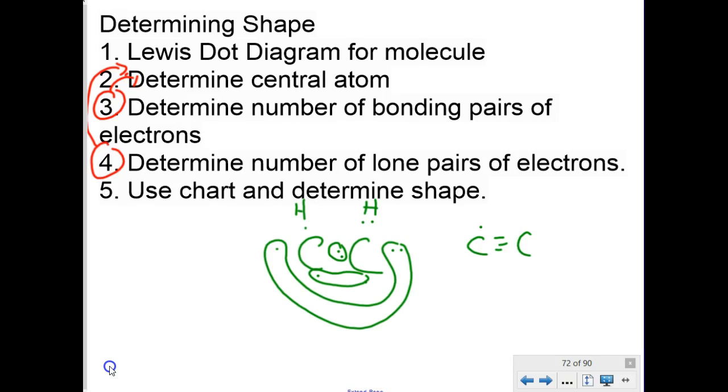So it can't be 90 degrees. That's not the farthest way you can push it. Go out to the side. And same thing with this connection between this C and H. You want that connection as far away from the triple bond as possible. What shape is that? It is a linear molecule.